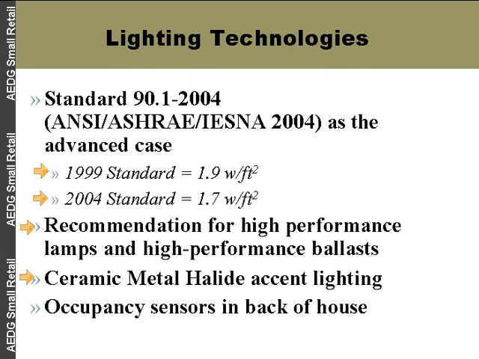And we'll have a slide on that in a couple minutes that talks a little bit more about it. Again, occupancy sensors, but only in the back of house. We don't want occupancy sensors out on the retail sales floor that turn off the lights when there's nobody there. That could happen, and we definitely don't want to see spaces go dark.